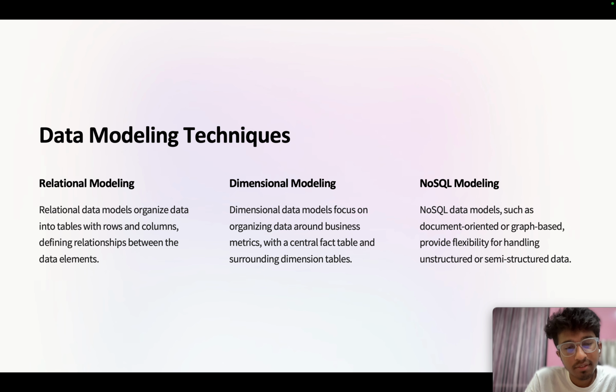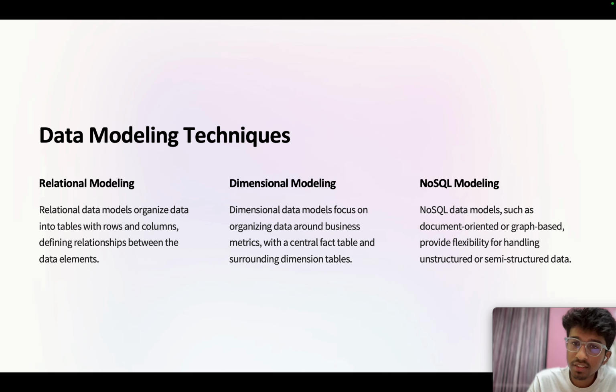Then we have different types of data modeling techniques. First one is relational modeling, then dimensional modeling, and NoSQL modeling. Relational modeling organizes data into tables with rows and columns, defining the relationships between each of the elements. Dimensional modeling focuses on organizing data around business metrics with a central fact table and surrounding dimensions.